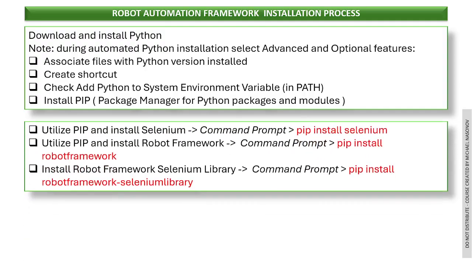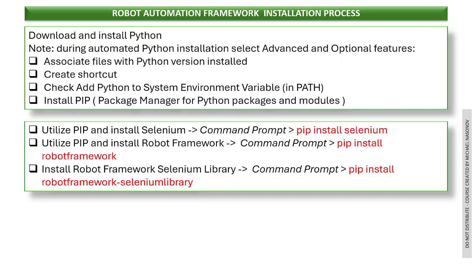Second part, you need to utilize command prompt to run 3 commands. First of all, using command prompt you type pip install Selenium. After Selenium installation confirmation, you type the second command in command prompt to install Robot Framework: pip install robotframework.